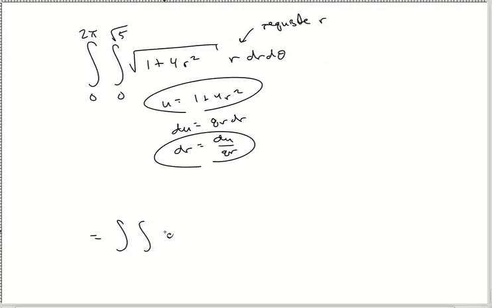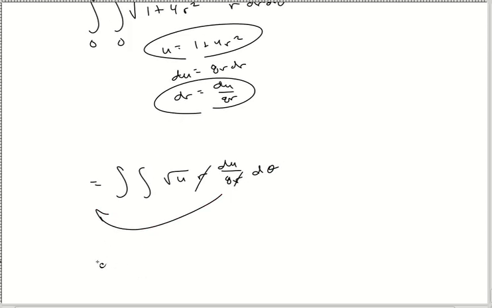Integral, I would say that's going to be the square root of u, r, du over 8r, which these guys are going to cancel, d theta. The 8's going to come to the front. And so when I integrate my u, I'm now going to say that's 1/2, add 1 to the power, divide by new power, 2/3 u, now to the 3/2, from 0 to square root 5, d theta.